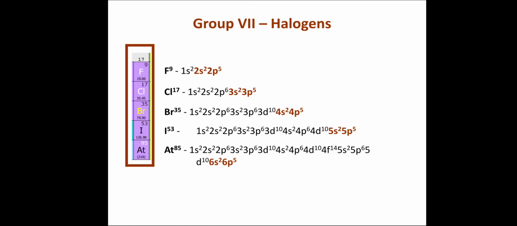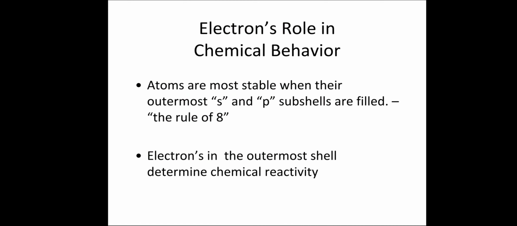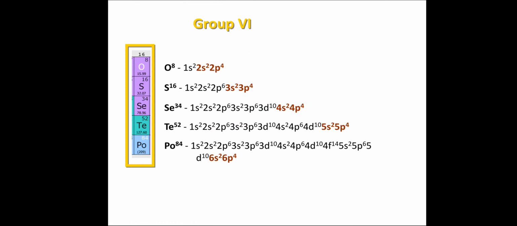The general electronic configuration of these elements is ns2np5. Similarly, group 16 has an electronic configuration ending in ns2np4.